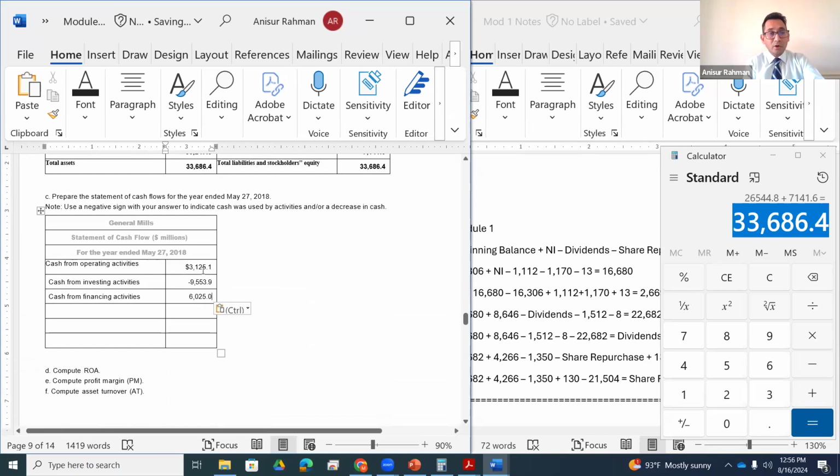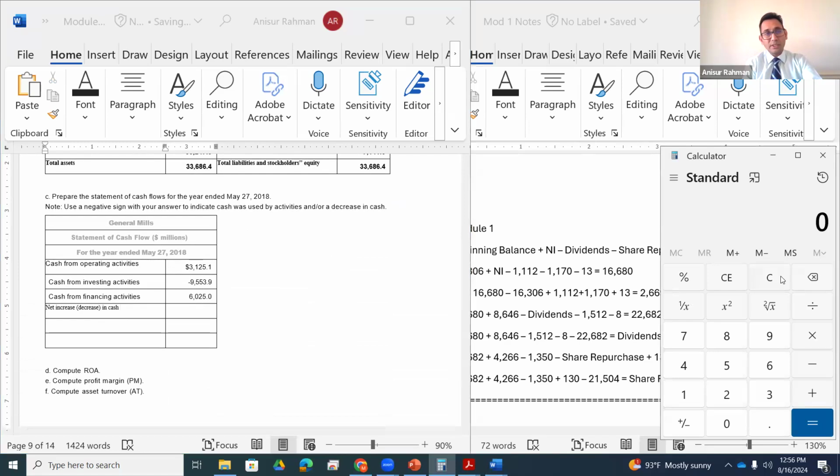So if we add all these three, we'll get net increase or decrease in cash. See what happens actually, increase or decrease.